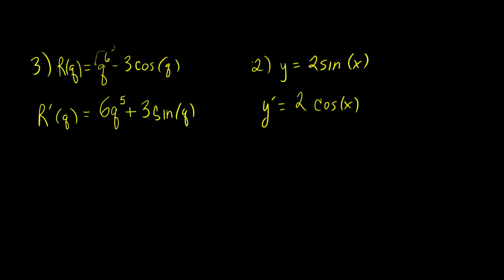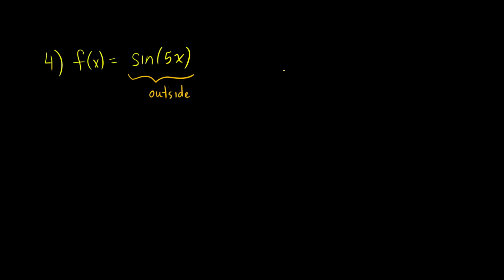Next, number 4 is f of x equals sine of 5x. Now, this is one that you should hopefully get where you're recognizing that this is a chain rule. My outside function is sine of something.